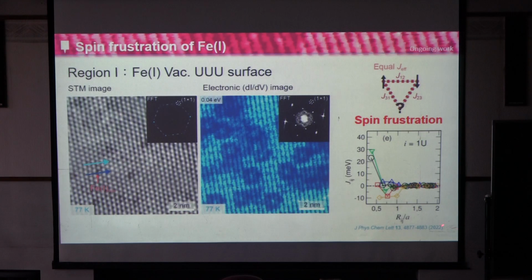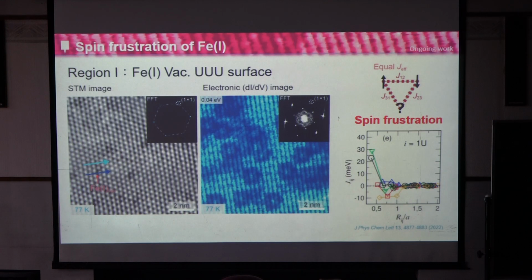Previous theory work showed that for the UUU surface with Fe1 vacancies, the remaining Fe1 atoms can exhibit antiferromagnetic interaction, and it's also a triangular lattice. So it will result in spin frustration. What does it mean?